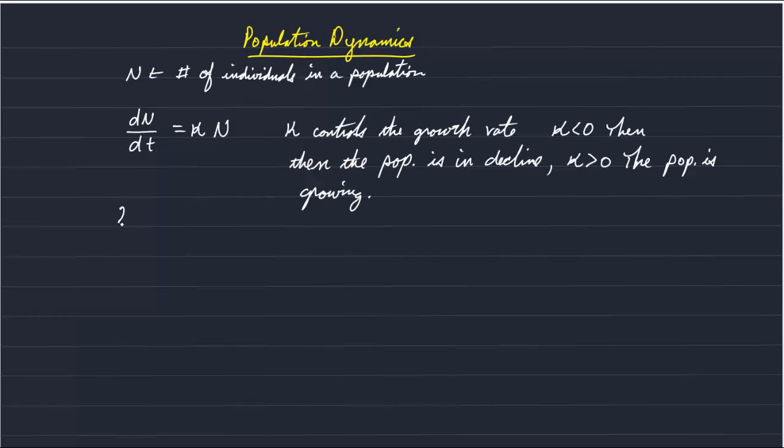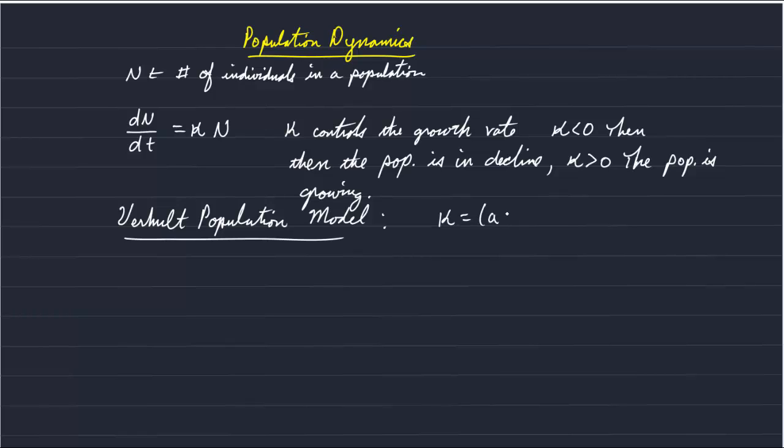Now, the Verhulst population model asserts that the growth rate, kappa, is equal to some constant minus some constant times the population size itself. So when the population is very small, the growth rate is very large.